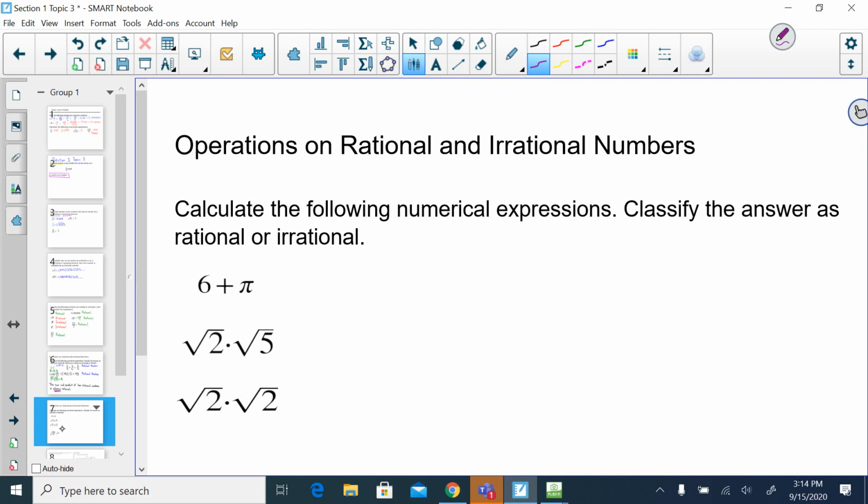Calculate the following numerical expressions and classify the answers as rational or irrational. So we have 6 plus pi.